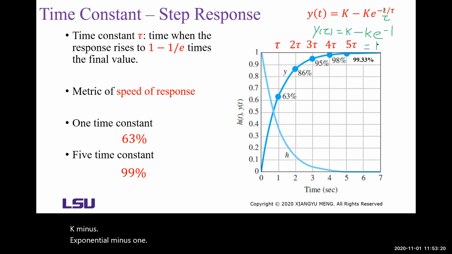That is K times 1 minus 1 over e. So that's exactly 1 minus 1 over e times the final value, because K is the final value.